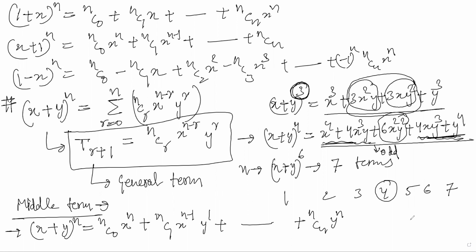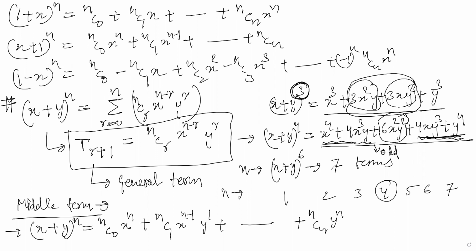Now, I want to ask you, what should be the value of n so that the total number of terms is odd? When will the total number of terms be odd? When n is what? The power should be an even number, correct?